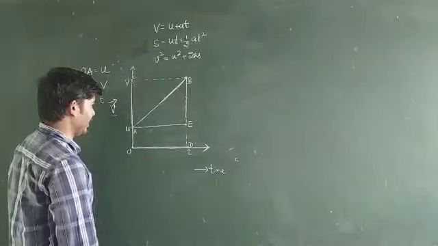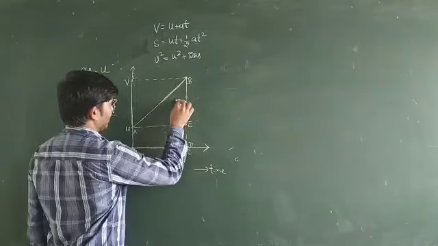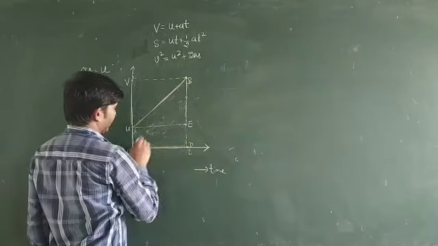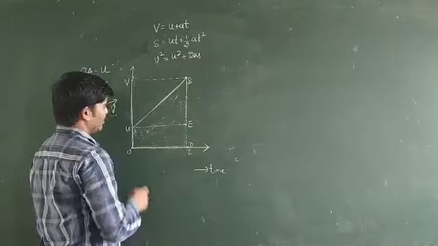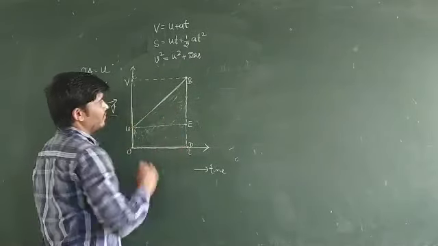So what is the area enclosed here? From this point to this point, this is the area enclosed. What is the shape? OABD. So it's a trapezium.